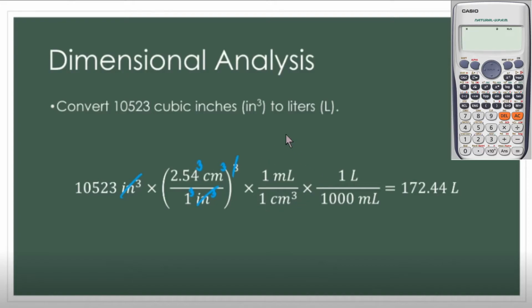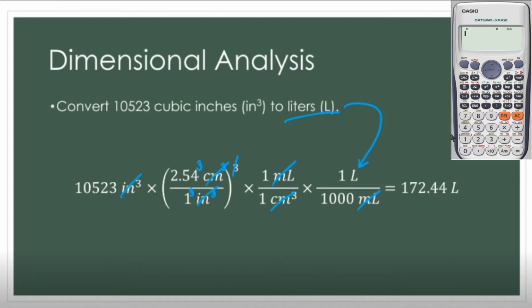This is now our conversion from a volumetric unit derived from a length unit to a pure volumetric unit. And as you can see, the cubic centimeter units from the numerator of the first factor cancel with the denominator of our second factor. For our final factor, we have to cancel milliliters. So we simply say that 1 liter is equal to 1,000 milliliters. With that, we can cancel milliliters, and you will be left with our desired unit, which is liters.